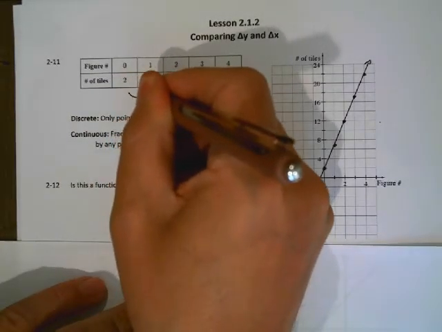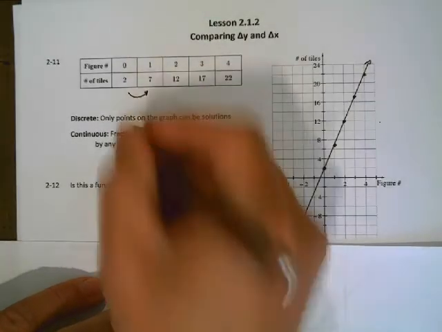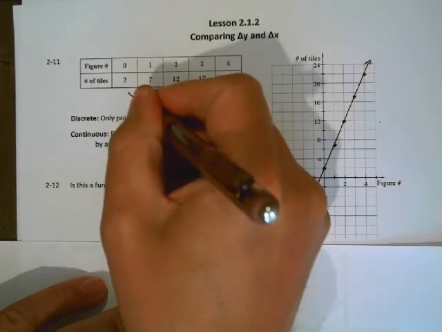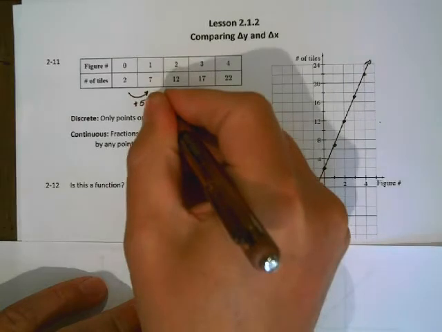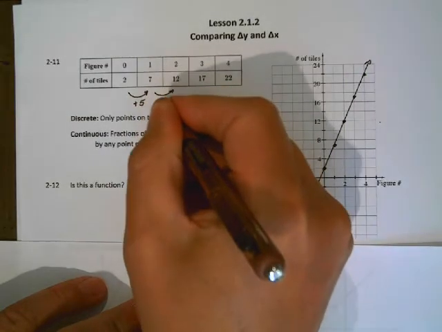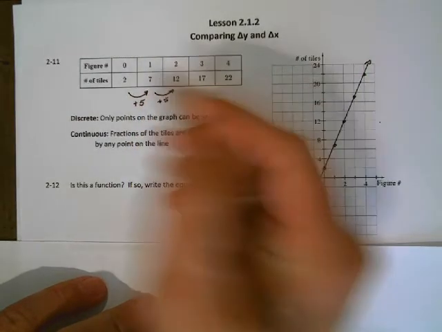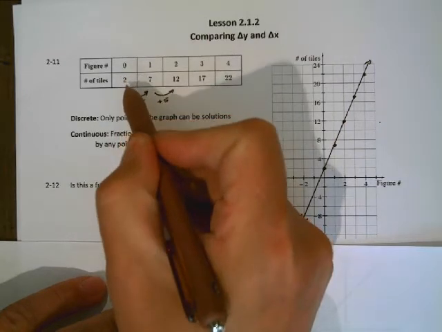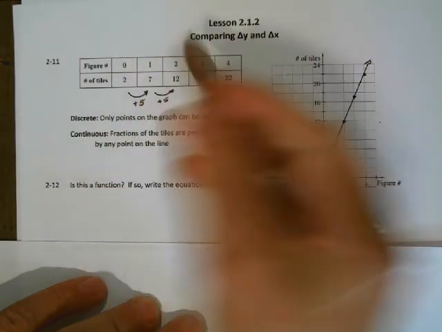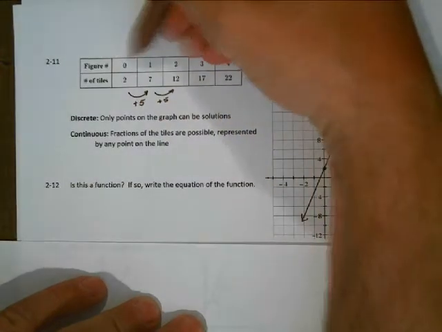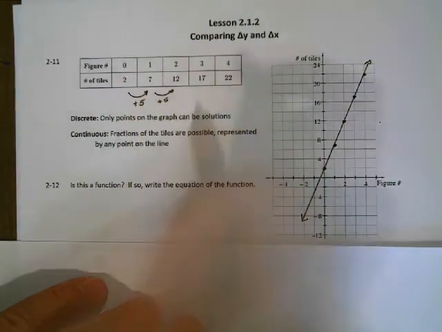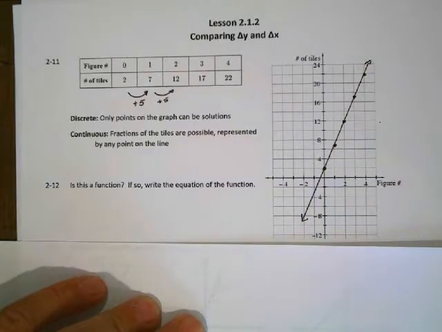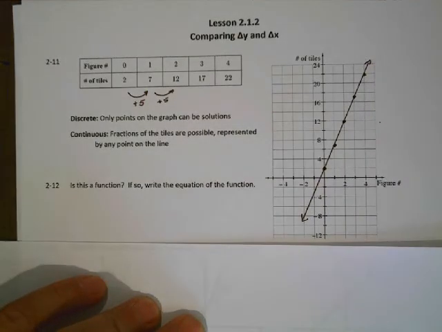For every one figure number, it's increasing by 5 tiles. So our description would then be first starting what the figure number 0 is. At figure 0, we have 2 tiles. And then for each increase in the figures, we are increasing by 5 tiles. That's our description. That description also helps us write the equation for this one.